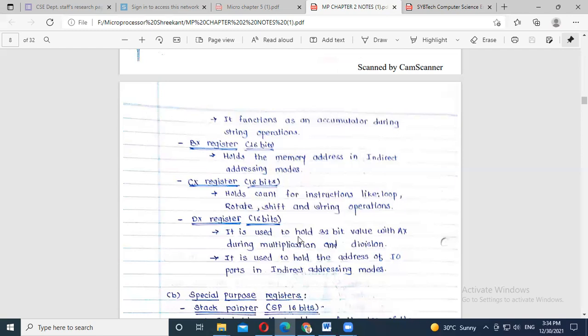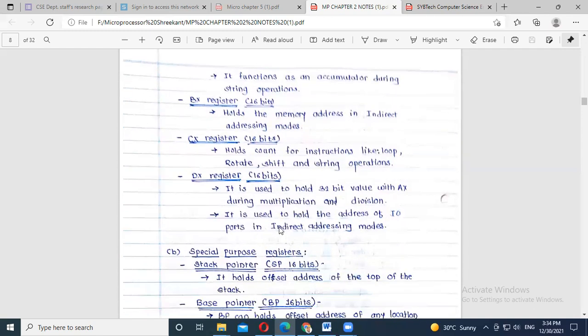The DX register is a 16-bit register. It also holds a 32-bit value together with AX, that is, DX plus AX form a 32-bit value during multiplication and division. It is also used to hold the address of input and output ports in the indirect addressing modes, which is very essential for the DX register.